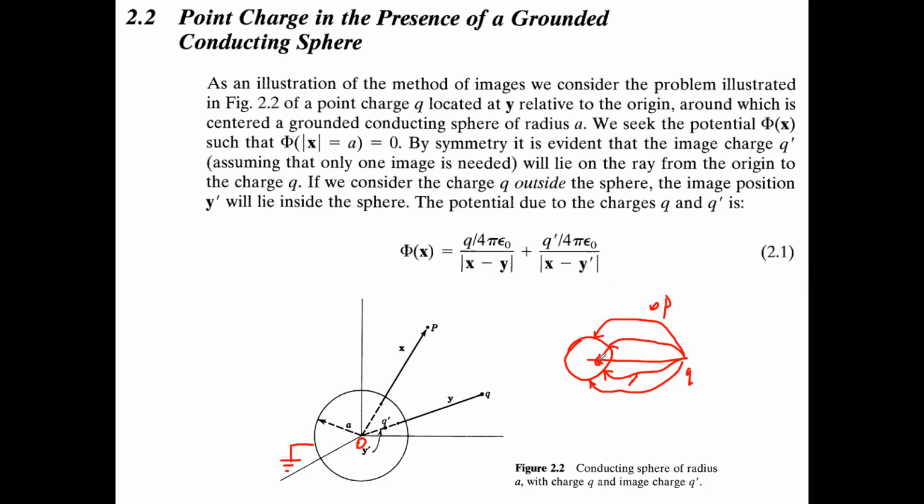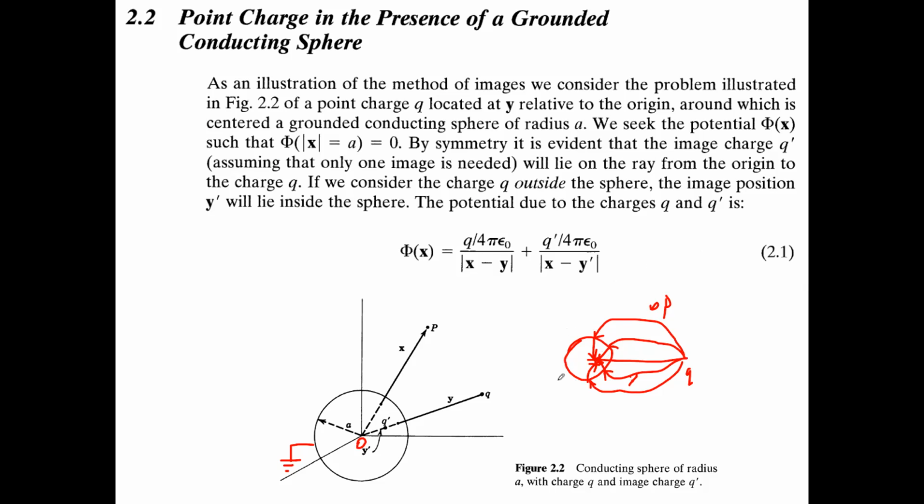Then if you have a single charge here, you will get the electric field distribution shown in this way. Let's say if there is such a charge, then it should have some electrostatic potential at the surface of the sphere, but there's no physical sphere anymore.